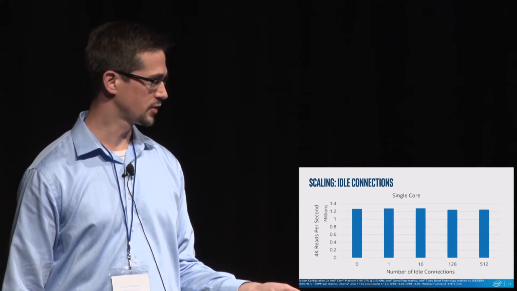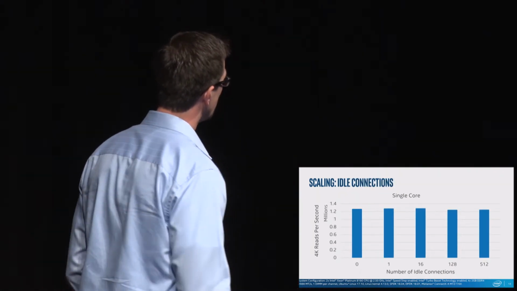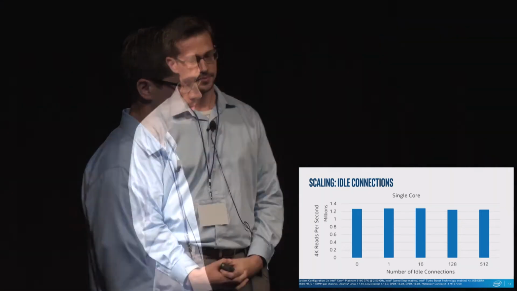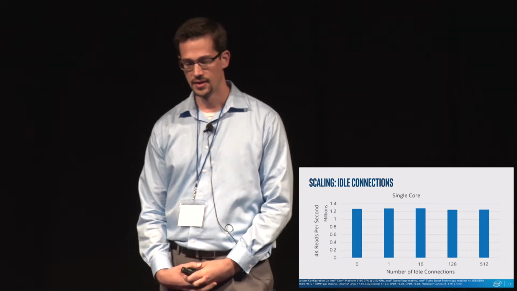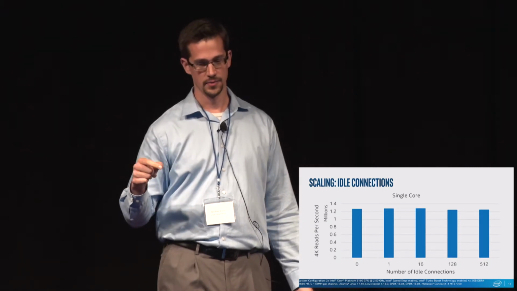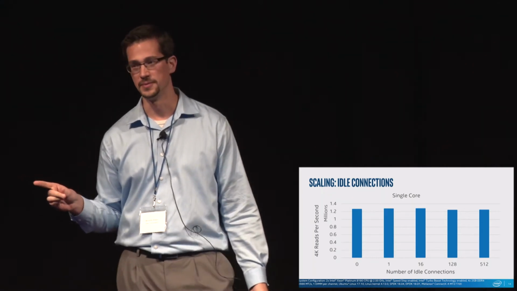All right, and then the next one is scaling up the number of idle connections. So if I were to have done this test last year, you would have seen a slope on the SPDK NVMe-oF target. The more idle connections you spin up, the slower active connections would get, which was a real problem.